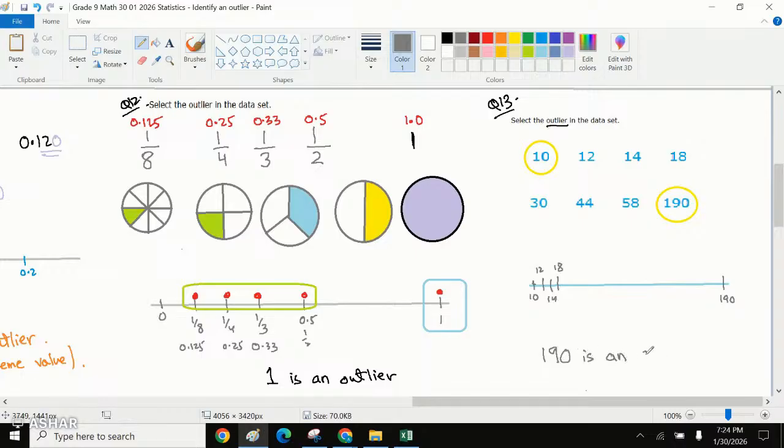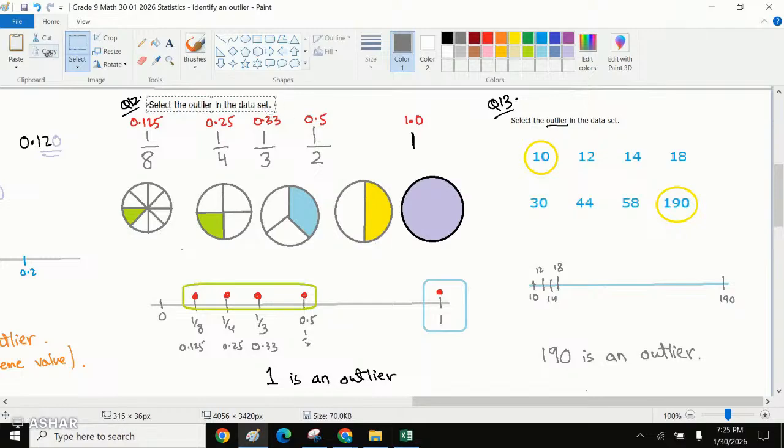Therefore, it is an outlier. Do we agree? Okay. Any form of number, maybe a fractional number, maybe a decimal number, or a whole number, we can always find an outlier. Okay. Let's try to make the same question a little more interesting.